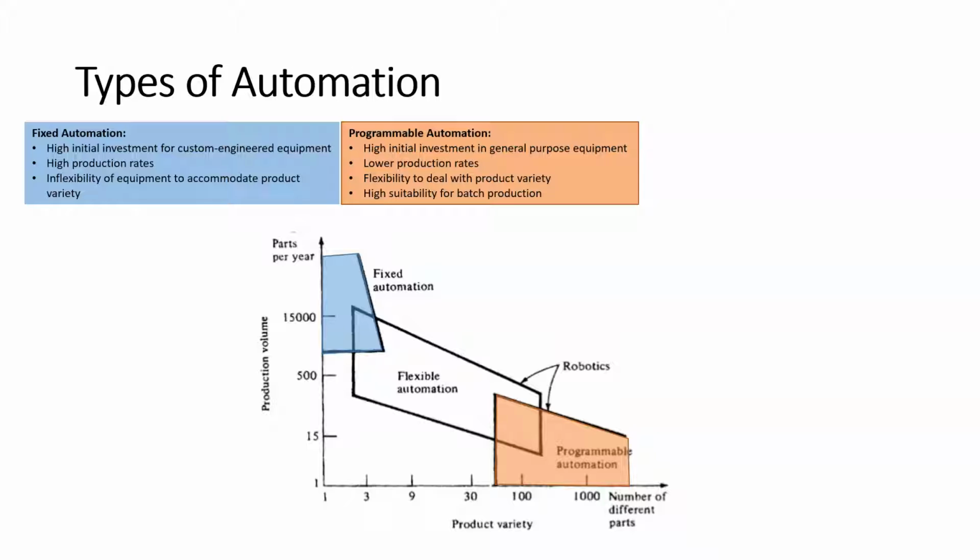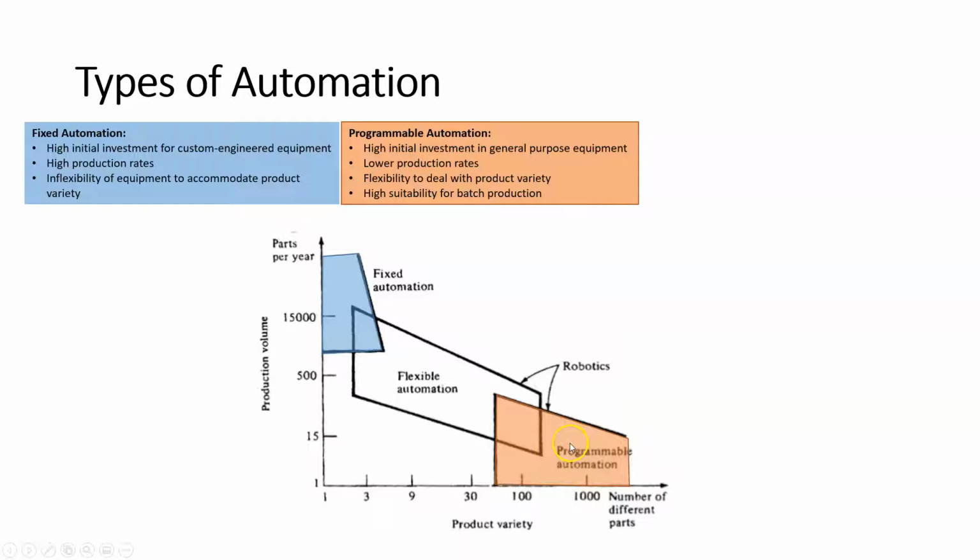So a CNC machine tool would be an example of programmable or soft automation. We can make hundreds, thousands of different parts, variety, but it's going to take time. We have to reprogram it. We have to train the operators. We have to do all the testing on it. So our product volume is going to be very low or relatively low.